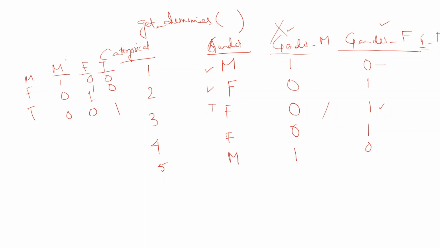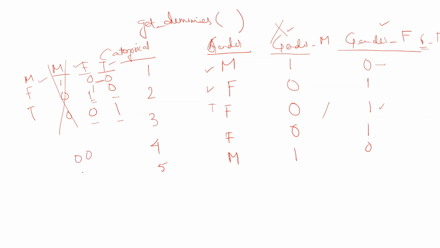Then you can remove the first column because again it becomes redundant. Just by looking at two of them, you can say whether it's a male, a female, or a transgender. When there are two zeros, you have male. If you have 1 and 0, you can say this is female, and when you have 0 and 1, you can say this is transgender.